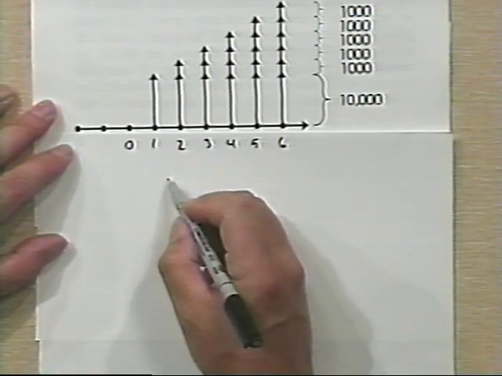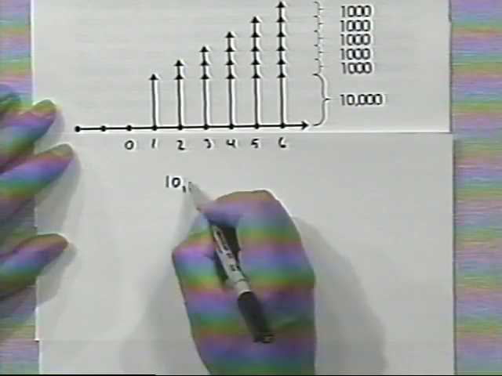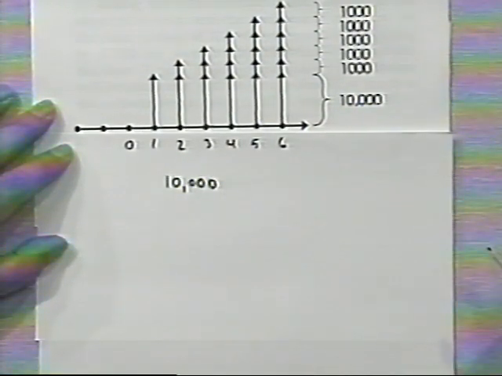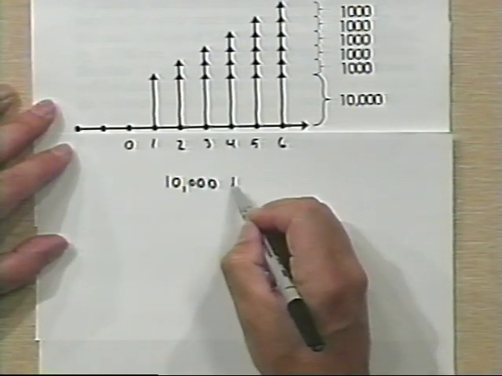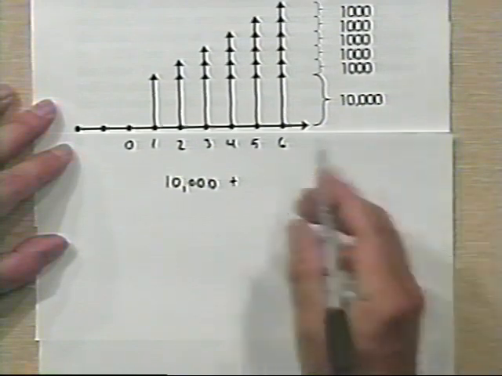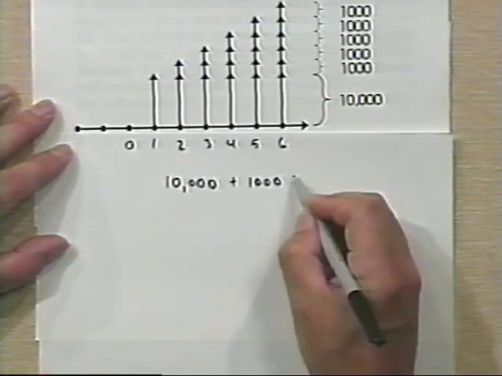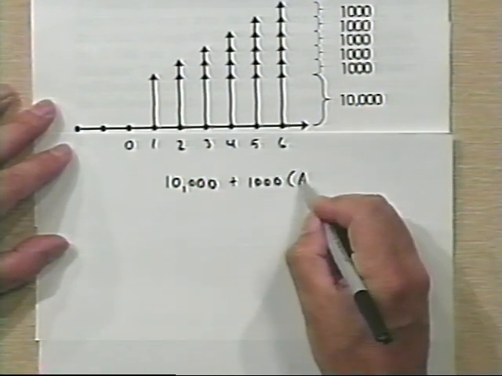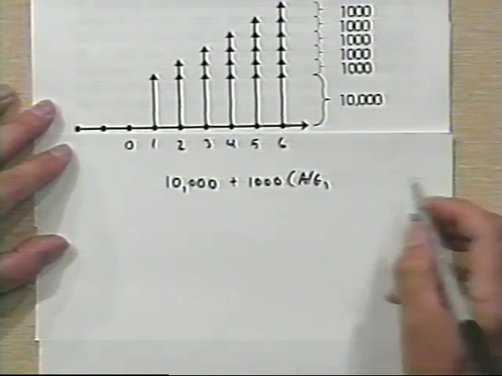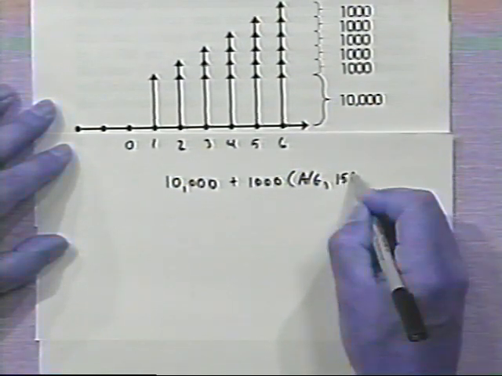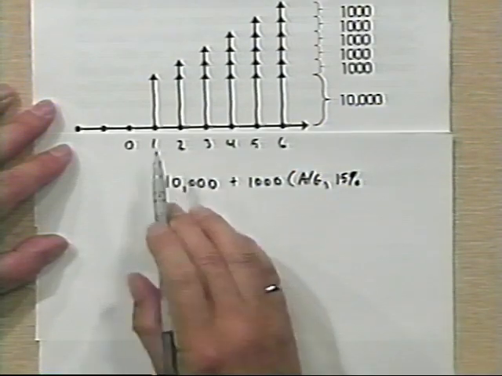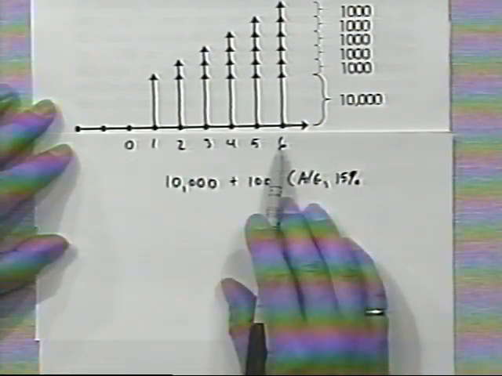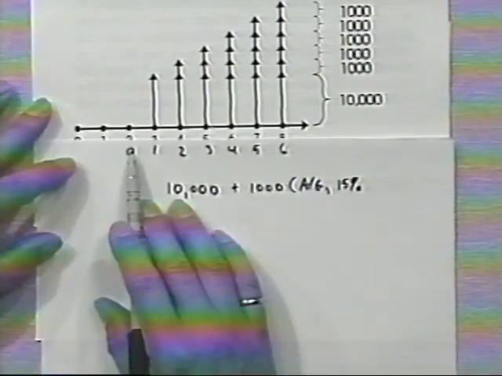So we've got the $10,000 base annuity plus the gradient part converted to an annuity at the 15% interest over 6 periods, because our point of view is now at the end of year 2.